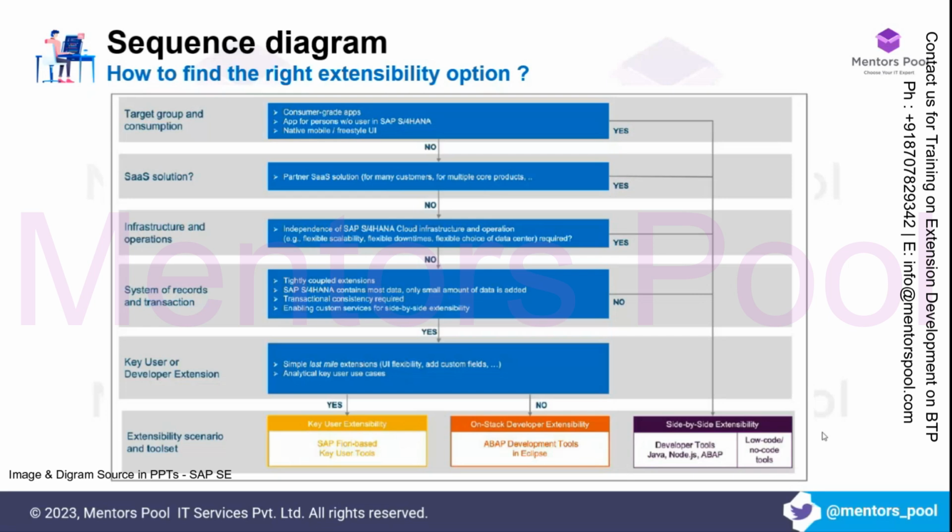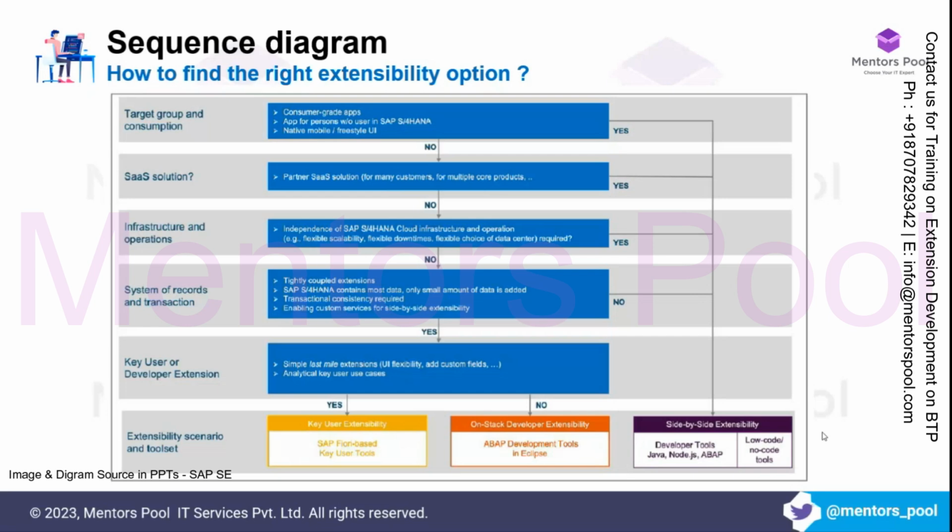But if we look at the system of records and transaction layer, if this transaction that you're trying to extend is tightly coupled with the standard transaction, and we talked about moving anything on BTP also, because when we create a side-by-side extension, we essentially move that application to SAP BTP, and we ask our users to go via SAP BTP rather than using the exact standard application.